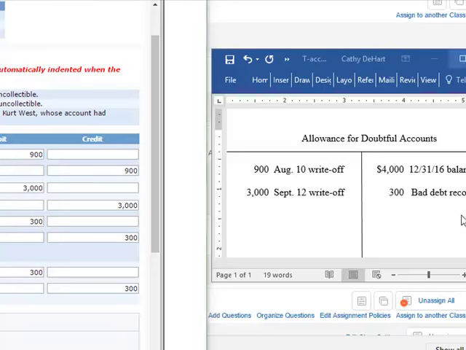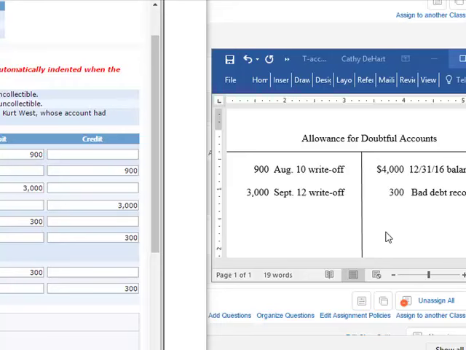So before we figure out our adjusting entry, let's see what our ending balance is right now in the allowance account. We have $4,300 in total credits, $3,900 in total debits, and the difference between $4,300 and $3,900 is $400.